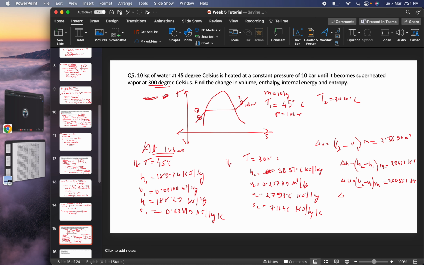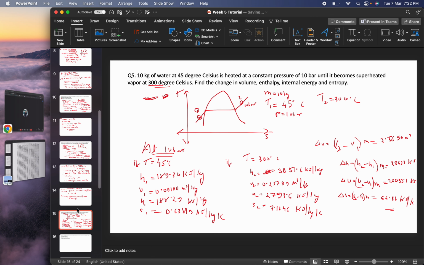And your delta S is your S2 minus S1 times M. So S2 is 7.1246 minus 0.63819 into 10. Okay, so that will be your 64.86 kilojoule per Kelvin. Okay, this is your entropy, change in entropy.